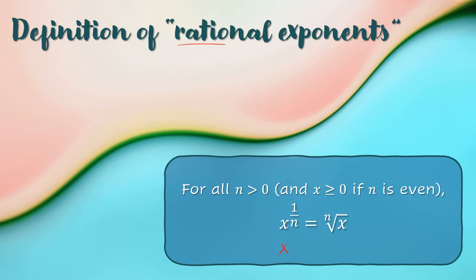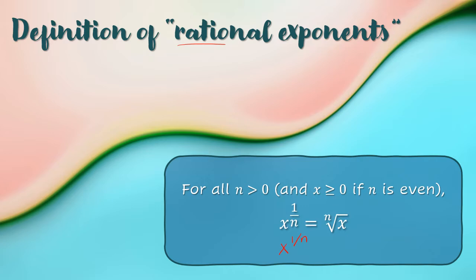Now, I often write my rational exponents sideways like this, just so it's more obvious to me that both the 1 and the n are part of the exponent. So if we have this, our base is x and our exponent is this expression 1 over n.